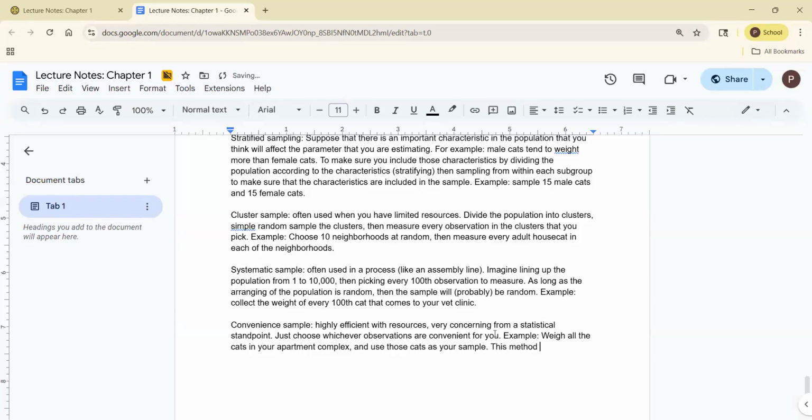This method is not recommended by statisticians, but it's often used because the other methods are too resource expensive.